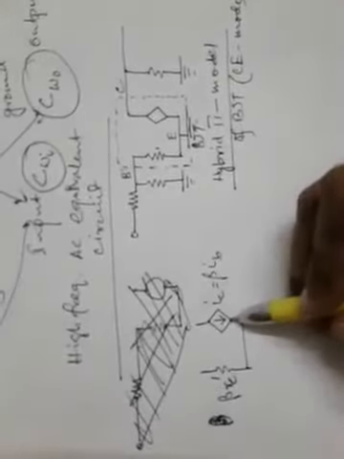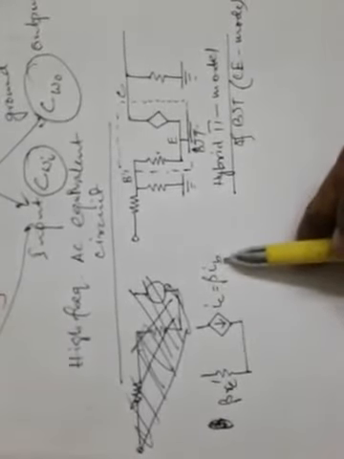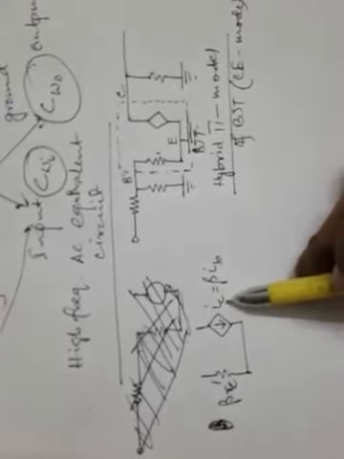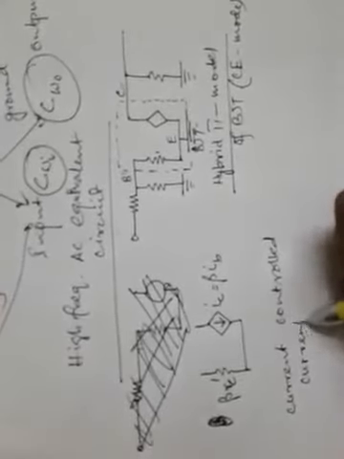A circle shape means an independent source, and a diamond shape means a dependent source. Since the value of this source, ic, is dependent on ib via this relation, we can say that it is a current controlled current source. This model will be called the current controlled current source transistor amplifier for hybrid pi.